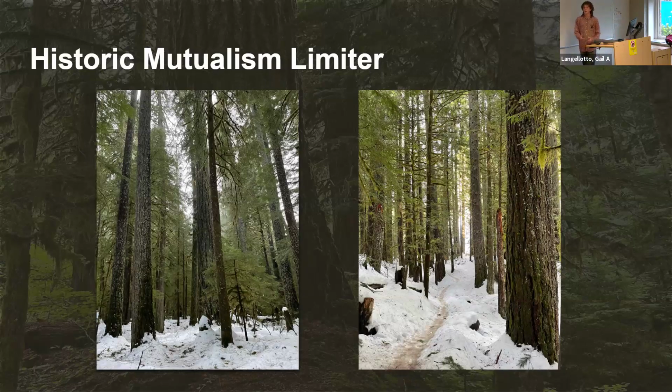So this is going to be a significant time frame where these trees can't produce carbohydrates to their best ability. And this can really limit the amount of carbohydrates they can spare for this mutualism. So this could conceivably lead to historically a lower limitation in the amount of mutualists that they can harbor within their root systems.